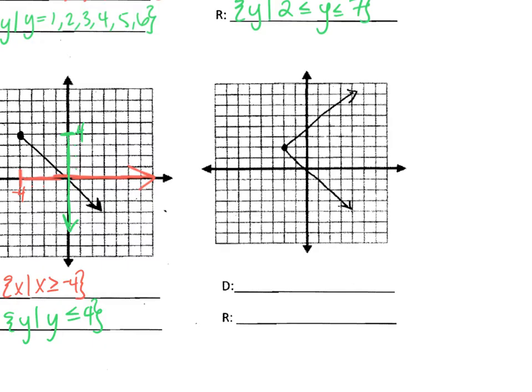So for 6, we can see that my x's start here and go greater than. There aren't any x values over here. So this is x such that x is greater than or equal to positive 2.